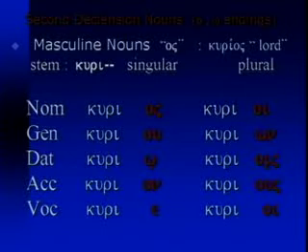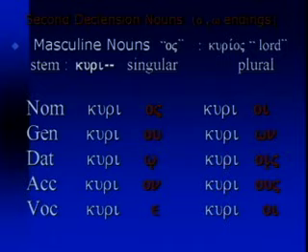As we look at each of these, let's work through them. Basically, if you're working with a nominative singular form for the kuri stem, it's going to be kurios. It's going to be singular and function as the subject of the sentence. If it's in the plural, kurioi. It's going to function as the subject of the sentence, but here it will be plural.